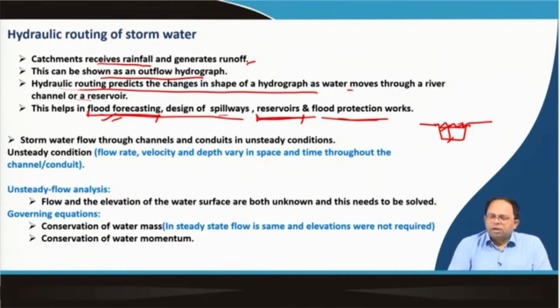So, the height of water also changes at certain points. This is called unsteady condition. Flow rate, velocity and depth vary in space and time throughout the channel and conduit. That is why it is called unsteady flow. Because the height changes, flow rate changes, velocity also changes. So, these are the conditions that we have to deal with in stormwater.